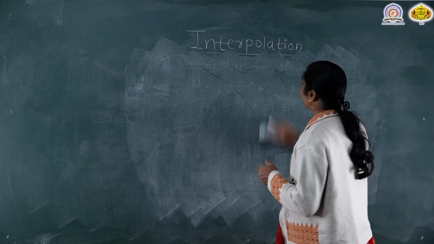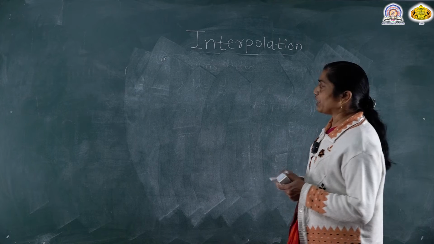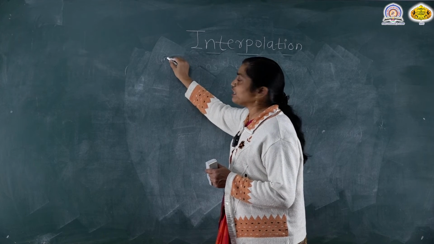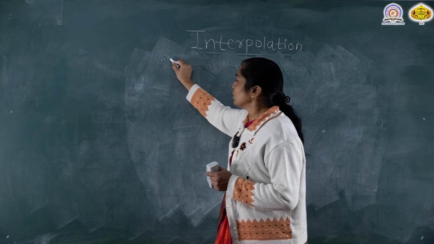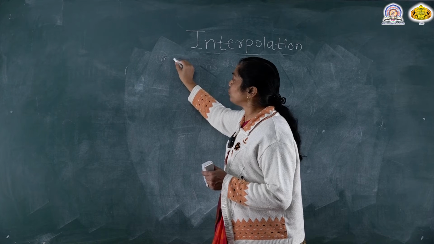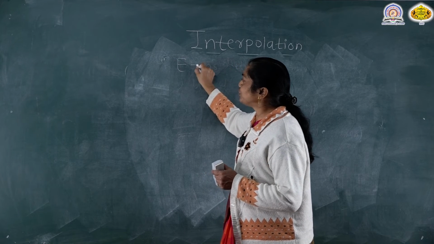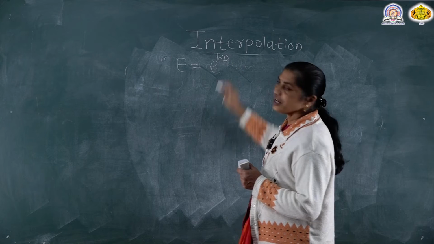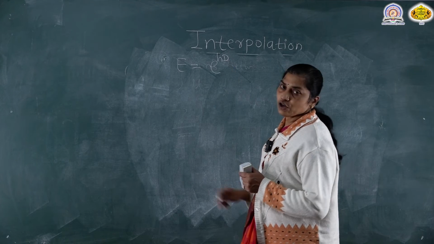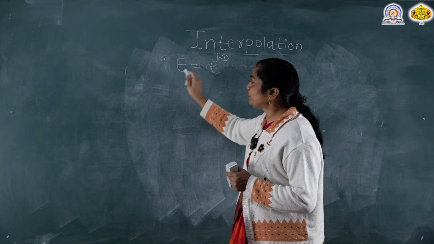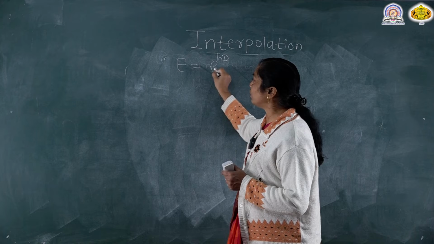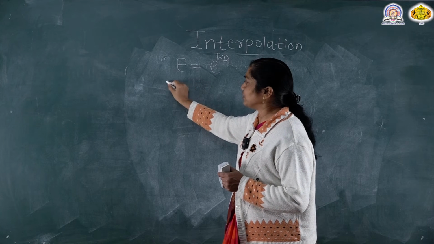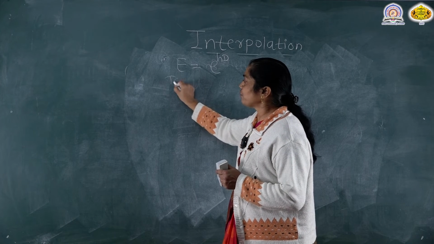Now we will see the relation between the differential operator and the shift operator, that is between E and D. The next relation: we want to prove that the shift operator E is equal to e raised to hD, where D is the differential operator. So we know Taylor's formula.